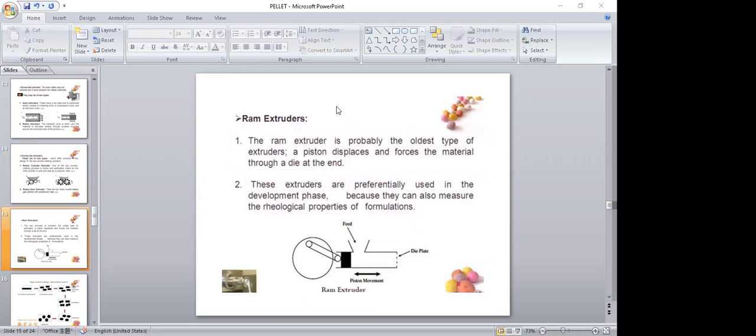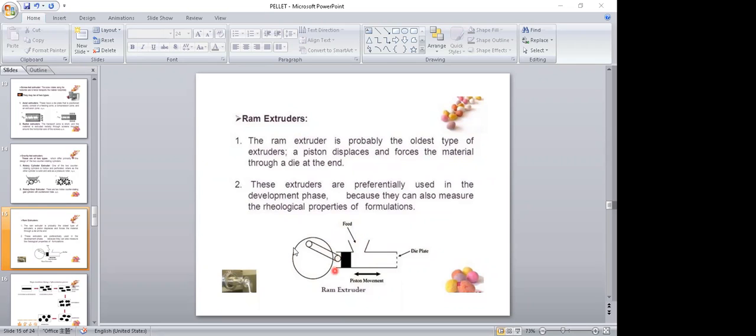There is one more extruder. It is a very old type of extruder. Nowadays, it is not used to form the extrudate. In this extruder, as you can observe, this is the cylindrical structure. This is your piston. Through this feed inlet, we can feed our material.